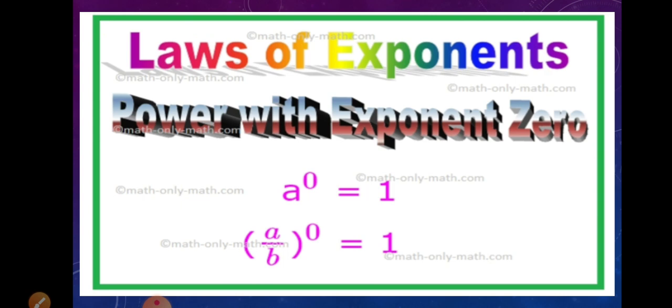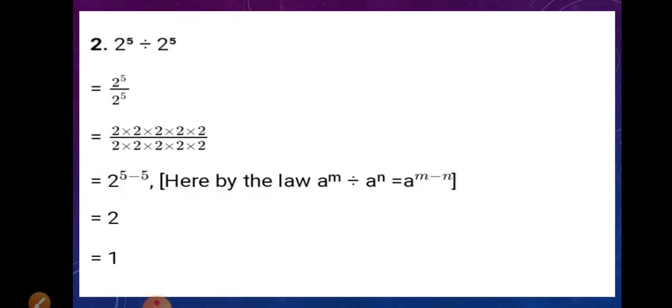Now next is any number to the power 0 is equal to 1. Whatever bigger number is there, if its power is 0, its value will be 1. One example: 2 to the power 5 divided by 2 to the power 5.